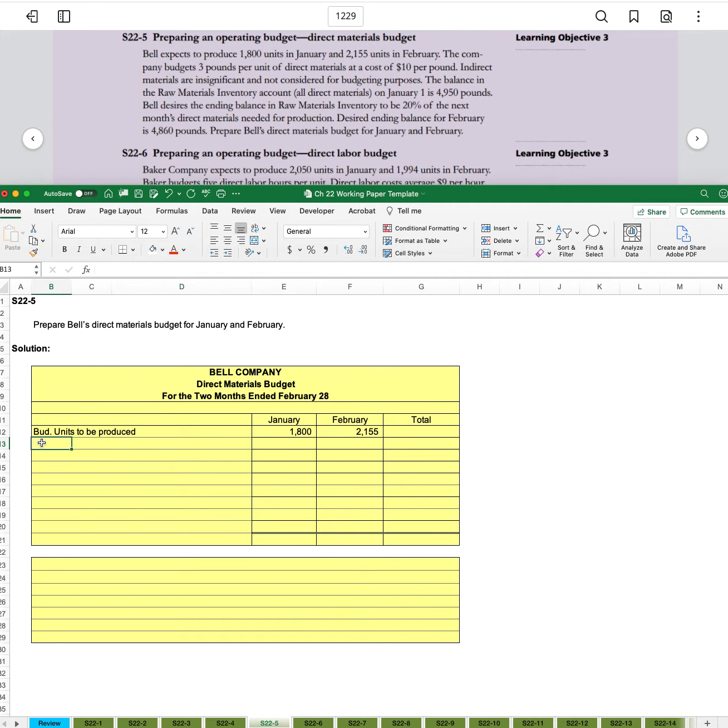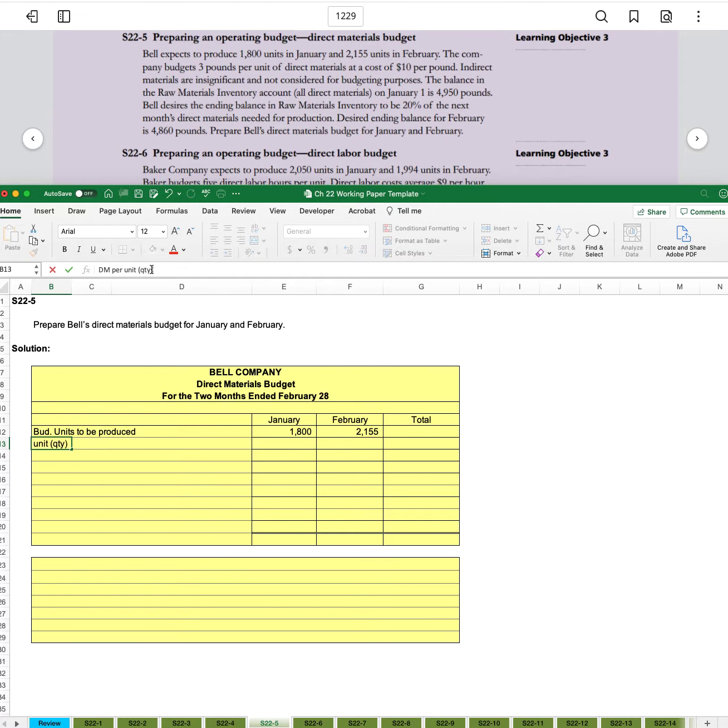Then we're going to multiply that by the direct materials cost per unit, which was given to us as 3 pounds per unit. So let me put here, and I'm sorry, I think I said direct materials cost, but direct material quantity.